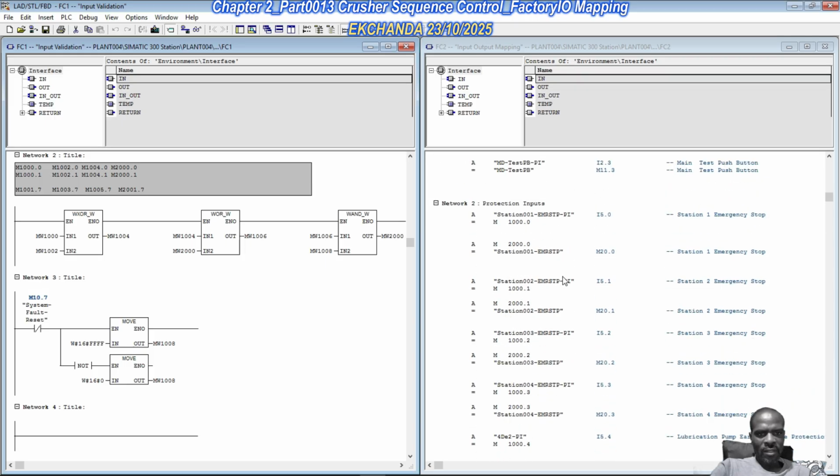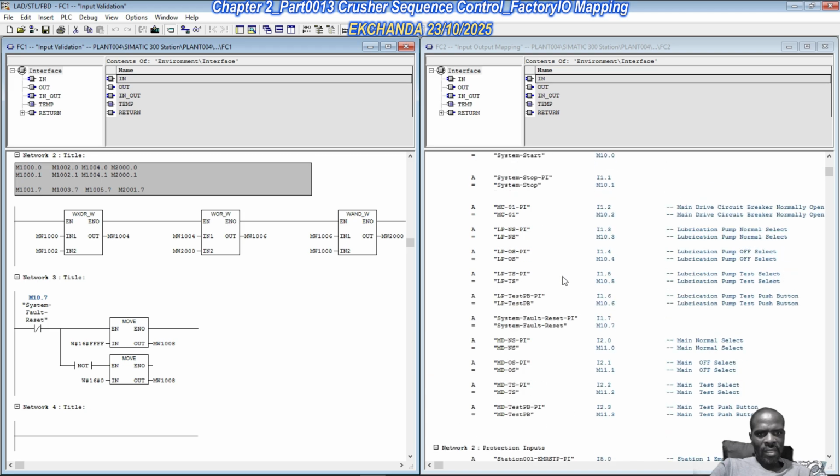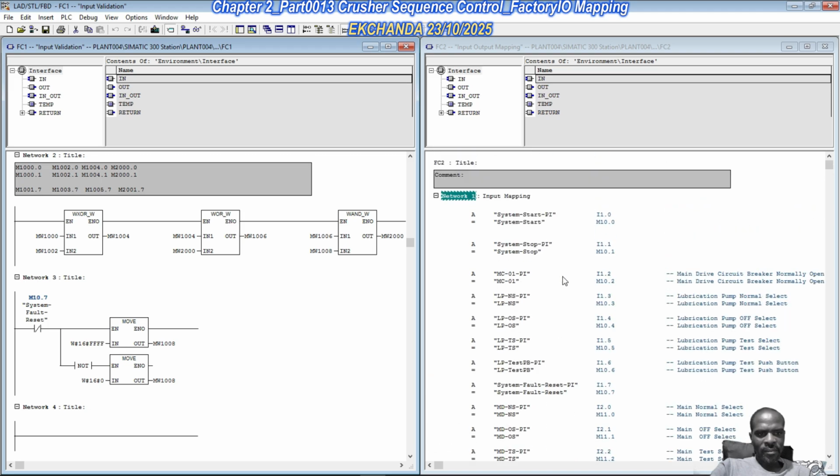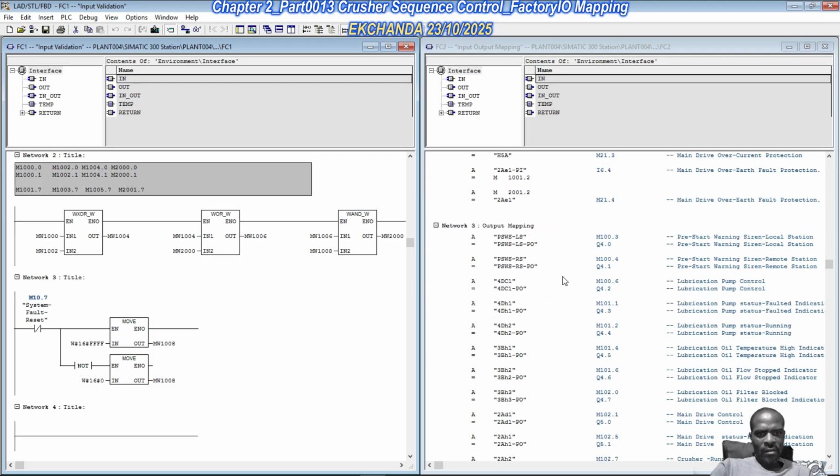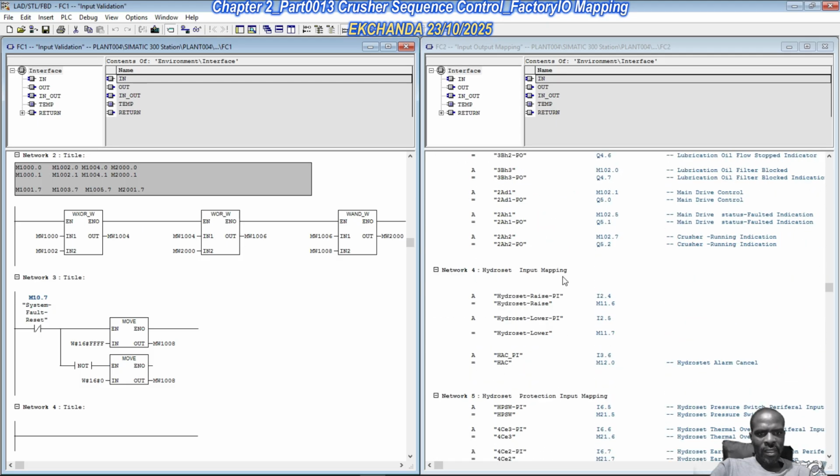We went as far as talking about protection inputs as they relate to validation. So let's see: output mapping, hydroset mapping.